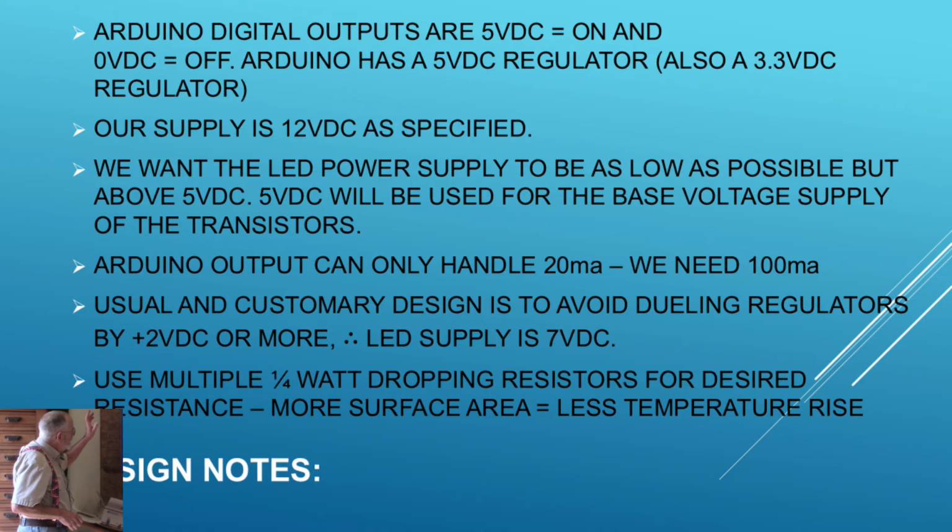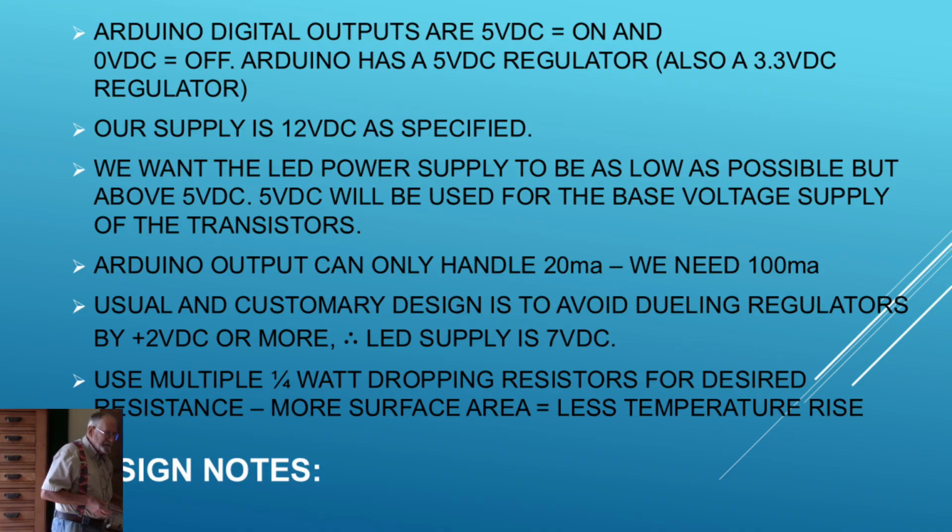This is also why we drop it down to 7 volts from 12 volts with a regulator, rather than having to put a great big dropping resistor in there. Believe it or not, the cost of the dropping resistors and the wattages at 12 volts down to the 2.2 volts on the LED, right?